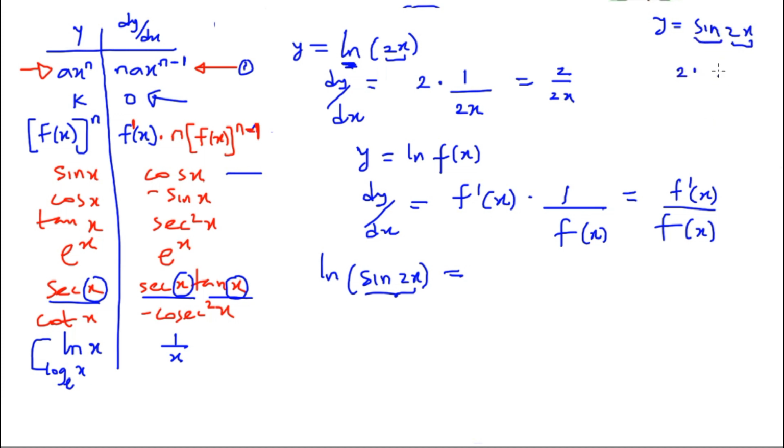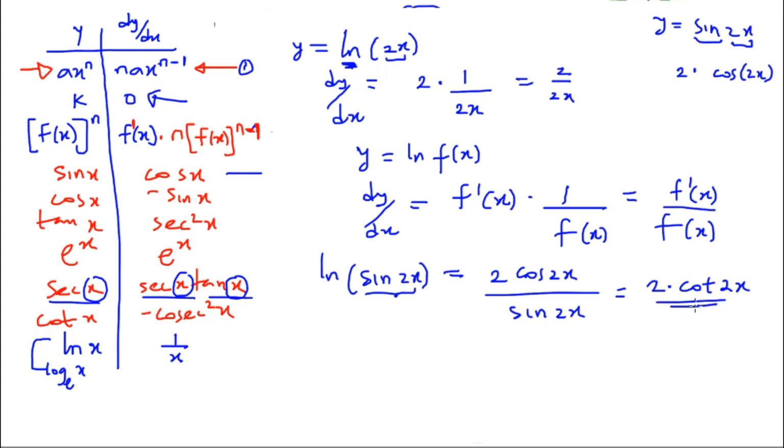You differentiate sine, that is cos, then you repeat 2x. So I should have 2 cos 2x upon the original function, which is sine 2x. Alright, so that's all, but I can still simplify it, because cos 2x upon sine 2x is cot 2x, since cos over sine is cot. So that's just a simplification anyways.